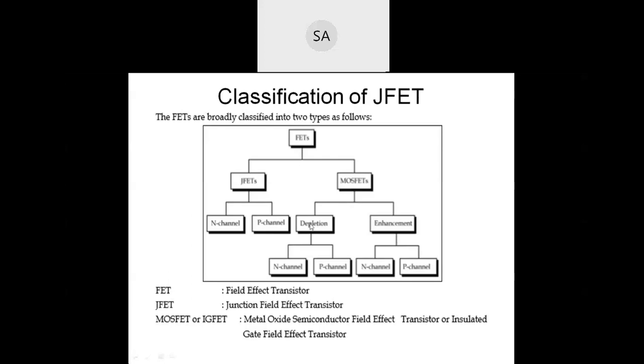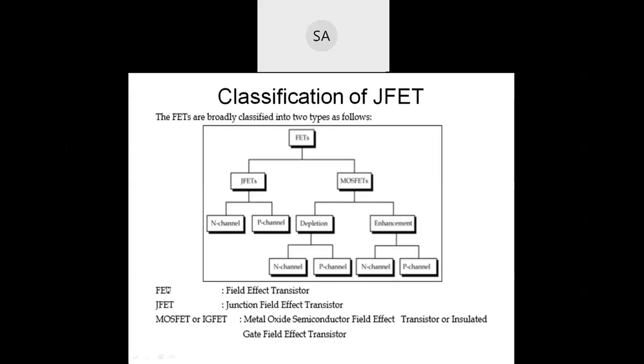Normally junction field effect transistors work in the depletion mode, whereas MOSFET will work in the enhancement mode. Depletion MOSFET is again classified into N channel and P channel, and enhancement mode MOSFET is also classified into N channel and P channel.